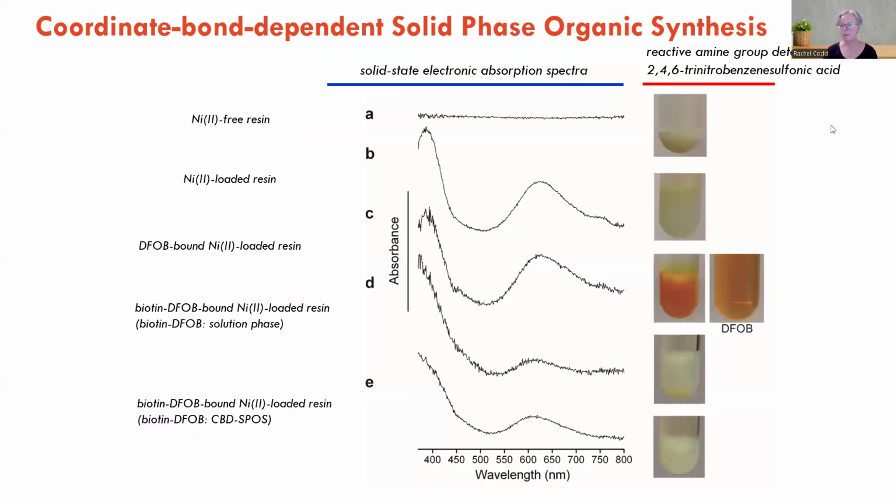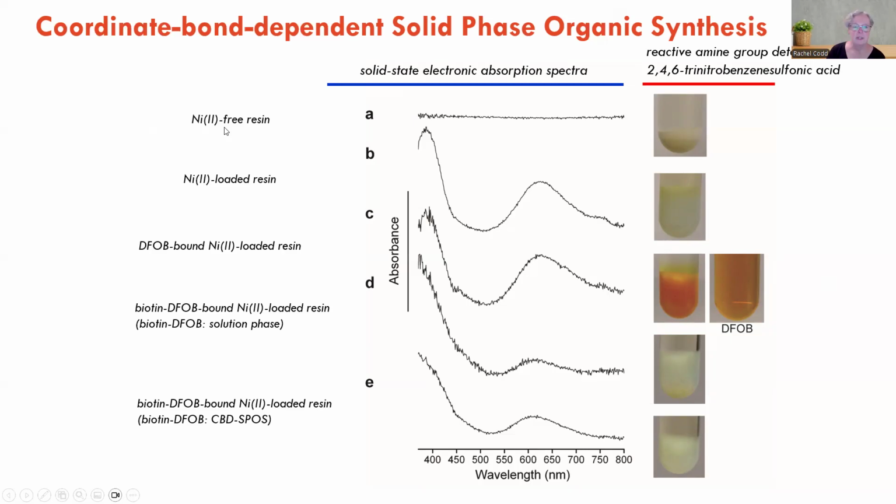All right, so here is the result of this experiment. We used two approaches, two methods of detection. On the left-hand side, we're looking at solid-state electronic absorption spectra. And on the right-hand side, we're using a reagent, 2,4,6-trinitrobenzene sulfonic acid, which forms an orange complex in the presence of a reactive amine group.